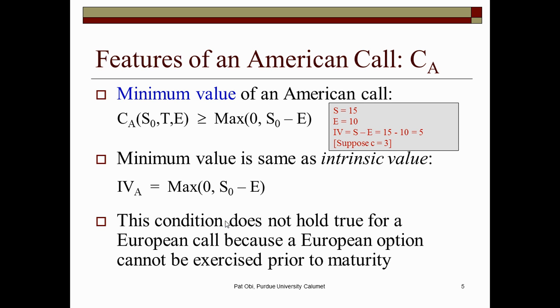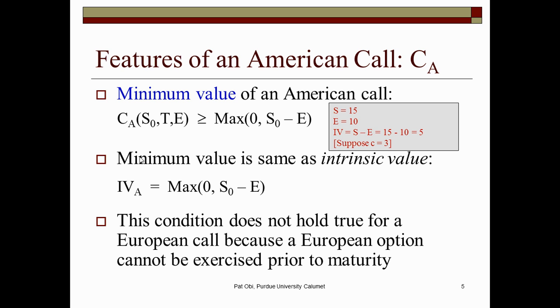Now remember, there are two key types of options, an American option and a European option. An American option can be exercised at any time prior to maturity, while a European option can only be exercised at maturity. Now these two features in the exercise of an option cause us to evaluate them somewhat differently in certain respects, and this is one of those.